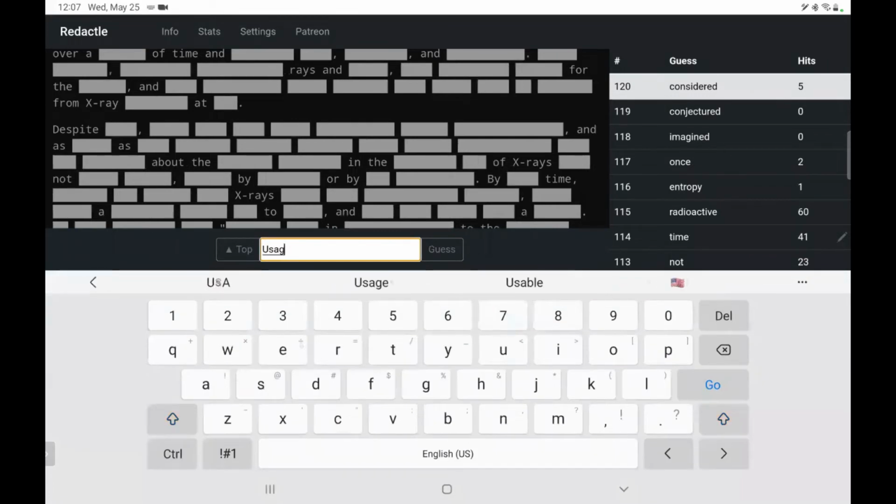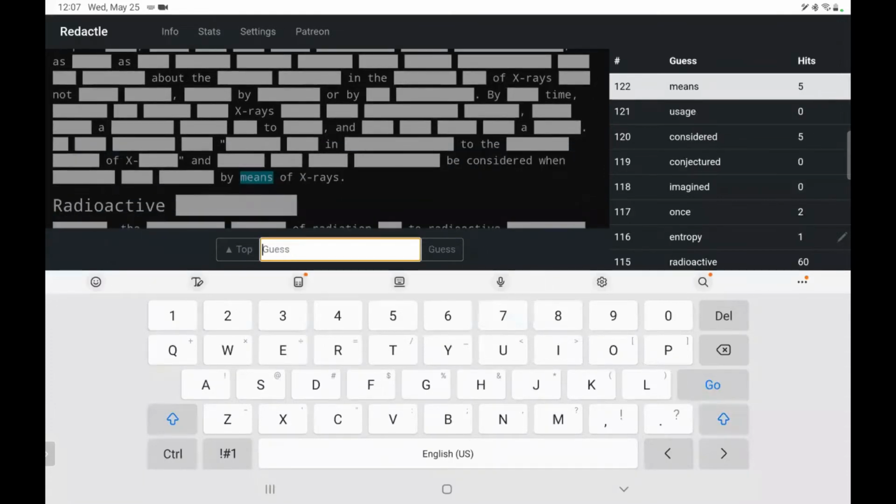By usage, by means of. Okay, considered when something, something, something by means of X-ray. I'm thinking that should be considered when making body scans.